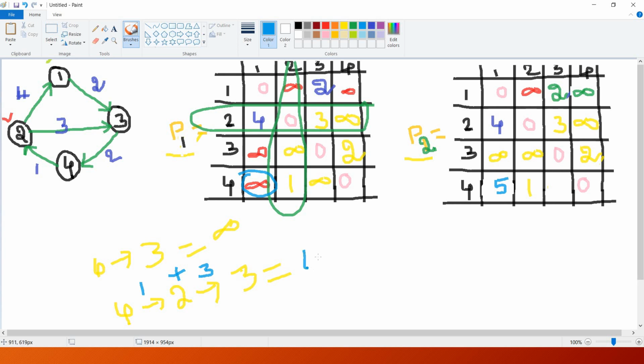So 1 plus 3 is 4. Yes, we are able to eliminate this particular infinite value. Means we are able to find a shortest path from 4 to 3, even though there is no direct edge from 4 to 3. With 2 as intermediate vertex, we are able to traverse it, right? So 1 plus 3 is 4.